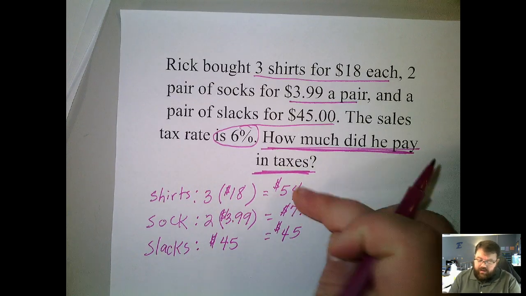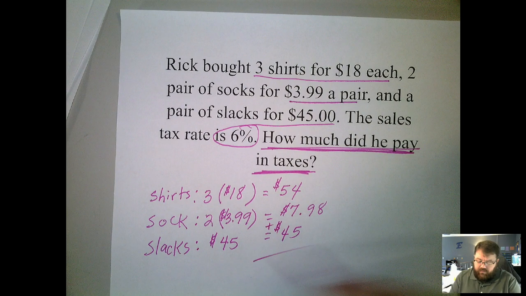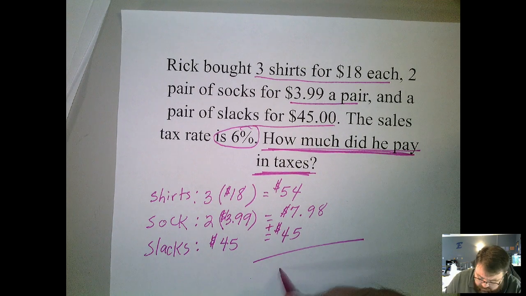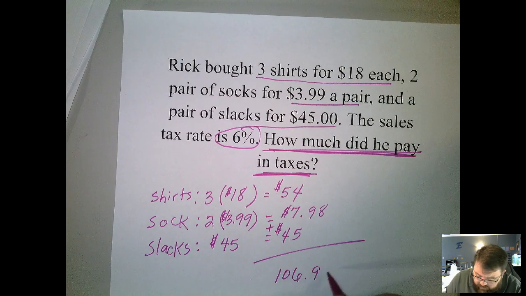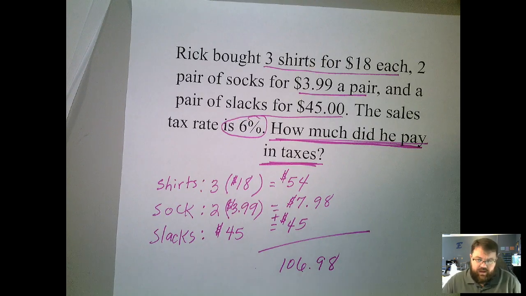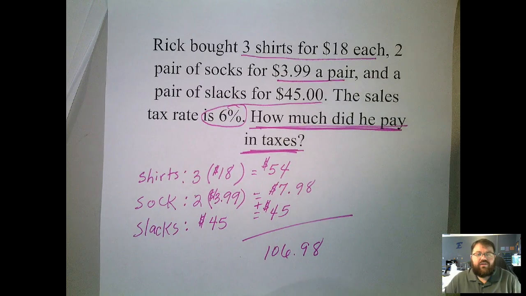Okay, I'm going to add all of these up, and that's going to be $106.98. Now, this is the price of the items before the taxes. I want you to pause the video and tell me how much is the tax.